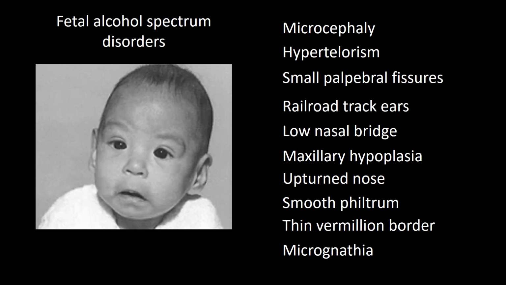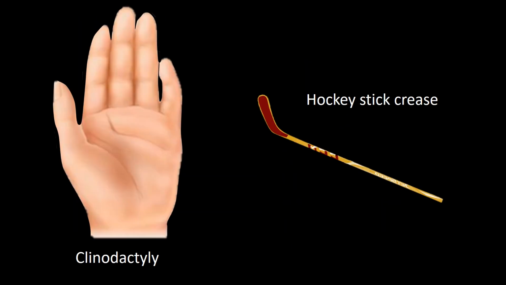Fetal alcohol spectrum disorders involve other organs including the heart and the hand.